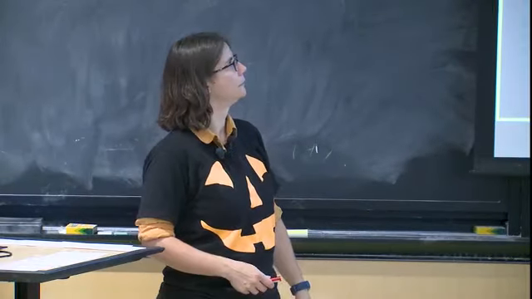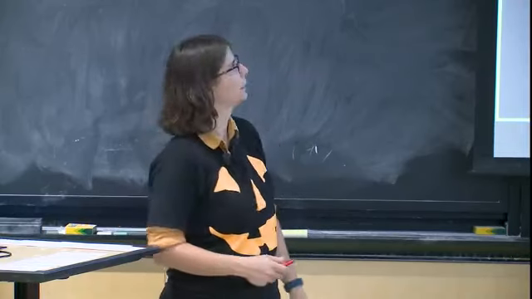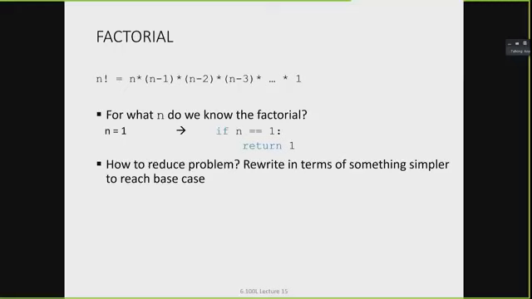What is the simplest thing that we know the factorial of? You guys tell me. What is 0 factorial? 1. Good. I chose 1, but both could work. If n is equal to 0, we can return 1, or we can do n is equal to 1, return 1. What's our recursive step?